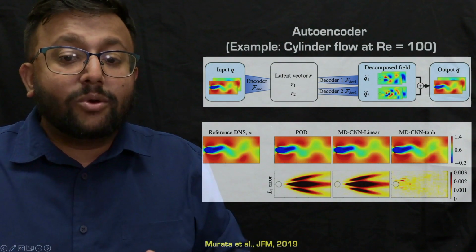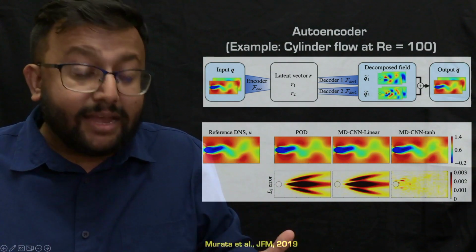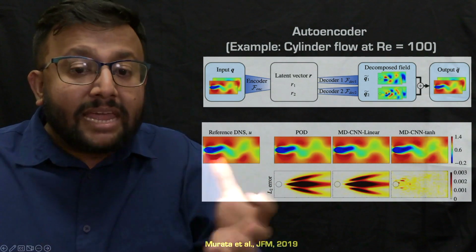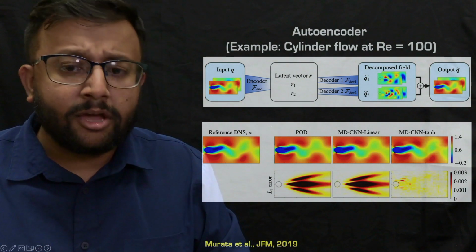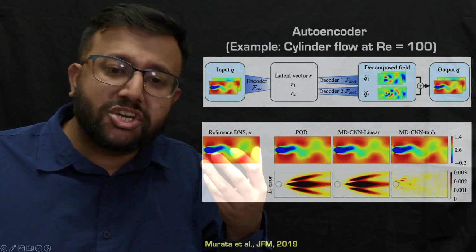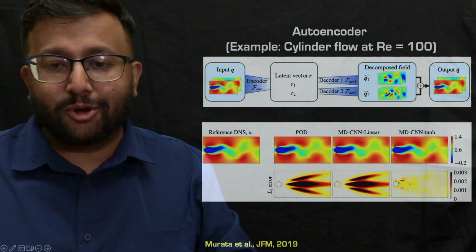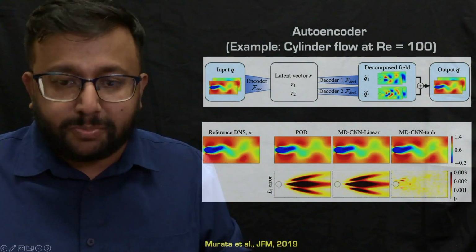So you can see that by compressing this high-dimensional data using autoencoders, you can meaningfully represent the states of the flow. Now the question becomes, is there a relationship between what you get with the compressed representation using this nonlinear activated neural network versus POD?